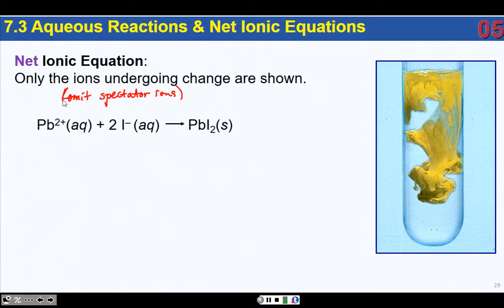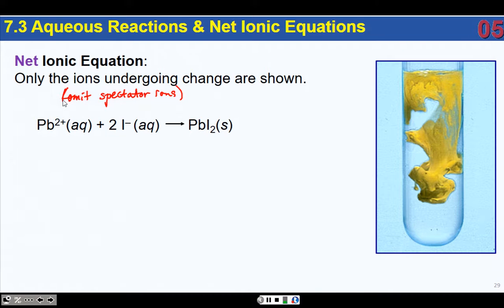This form seems a lot more streamlined because it is. It's omitting things that have no part in the actual process. They're just there to bring in their respective counterions, the other cation or anion, but they don't chemically change. And so this diagram on the right, again, represents the lead iodide, which has a nice yellow color.